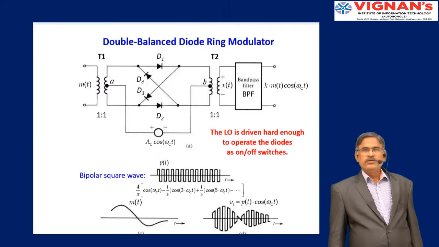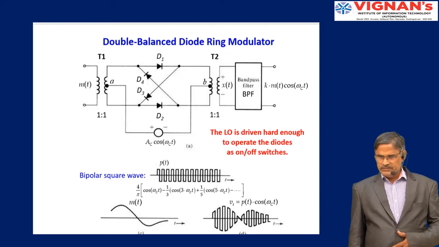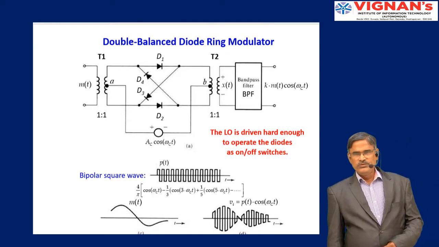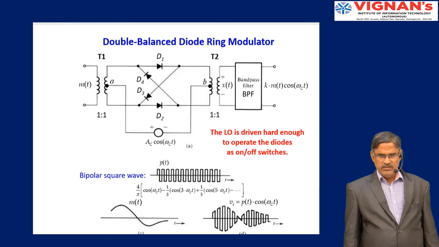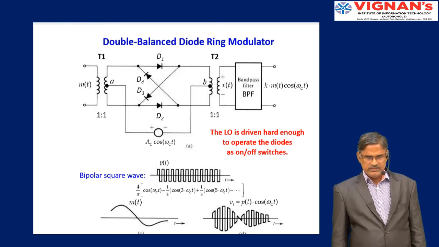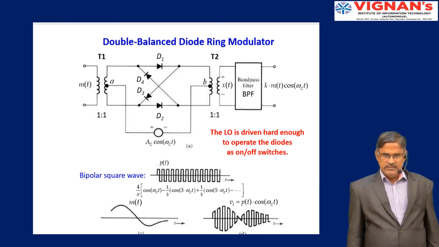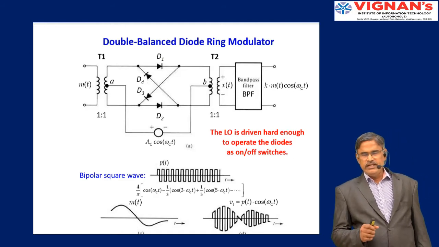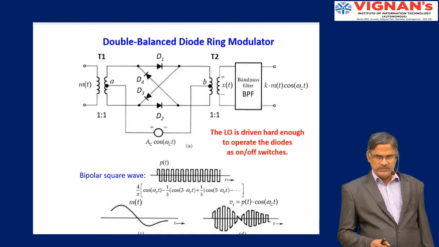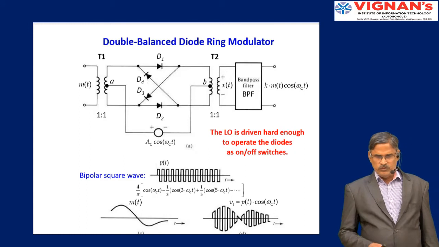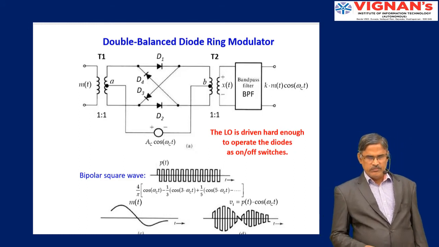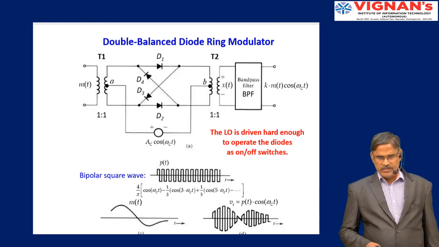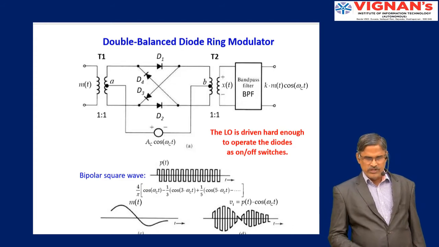So, you can generate the DSB-SC signal in two methods, using a nonlinear device or using a switching device. Here you are generating the DSB-SC signal using a switching device, and this particular circuit is called a double balanced diode ring modulator, or simply ring modulator.